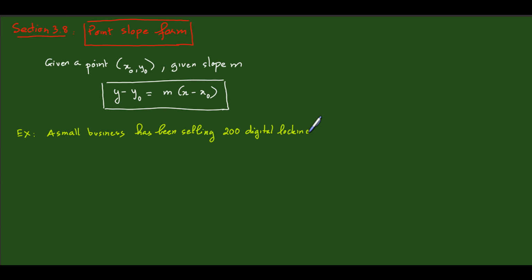Actually, this example is in the text, but you see that in the text you don't have a solution. So basically, we're working on this example together. This question per week.